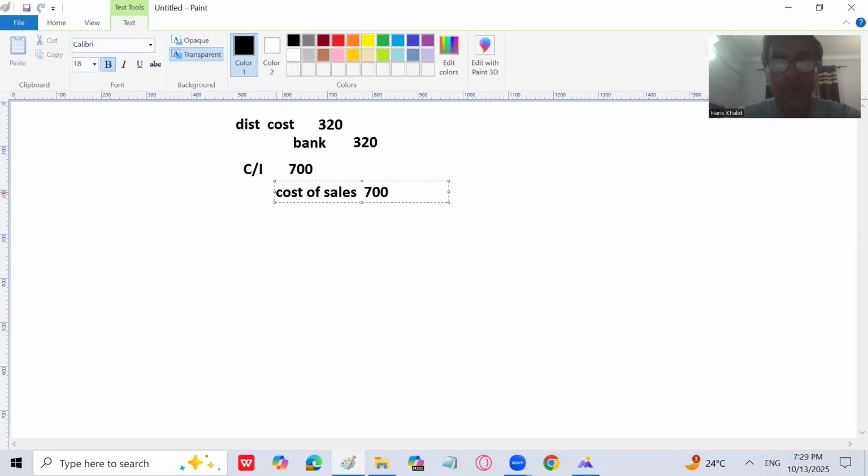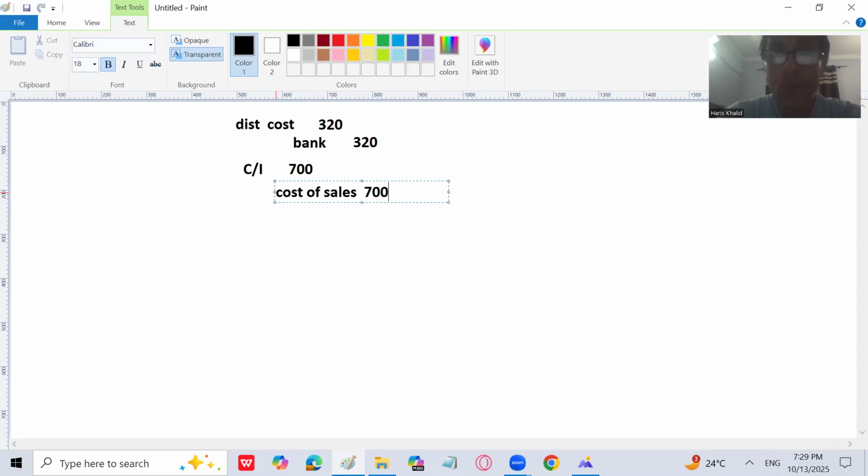Let me make sure. We should have recorded 12,900, but we recorded 12,200, so closing inventory is undercast by 700. It's a current asset, so I will debit closing inventory 700. But remember, from cost of sales we subtract closing inventory.